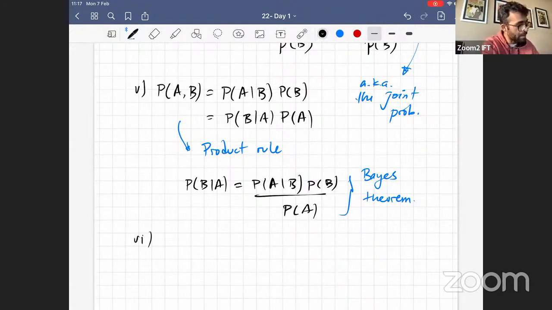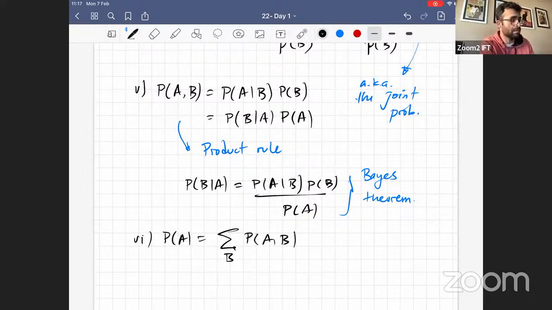And the last property I wanted to mention is that the probability of A is the sum over B of the joint probability of A and B. Okay, some people call this the sum rule. And this is nothing but the marginalization over B, let's say.